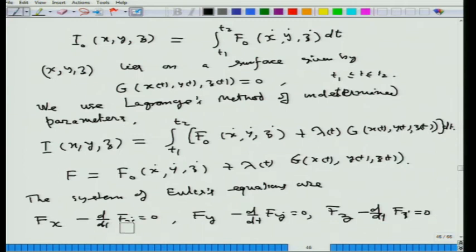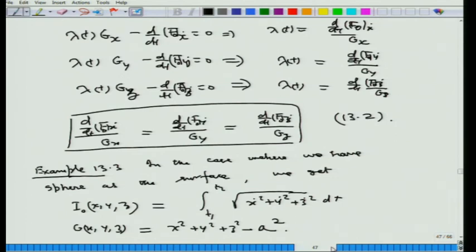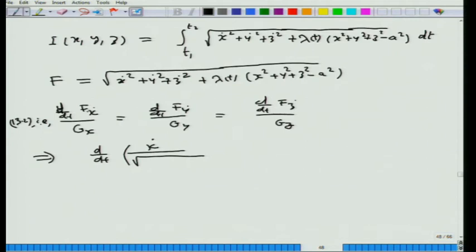Okay, this equation will anyway give us this f 0 dot here. So, that is what we have, f 0, f 0, f 0. So, f 0 here is square root of x dot square plus y dot square plus z dot square.